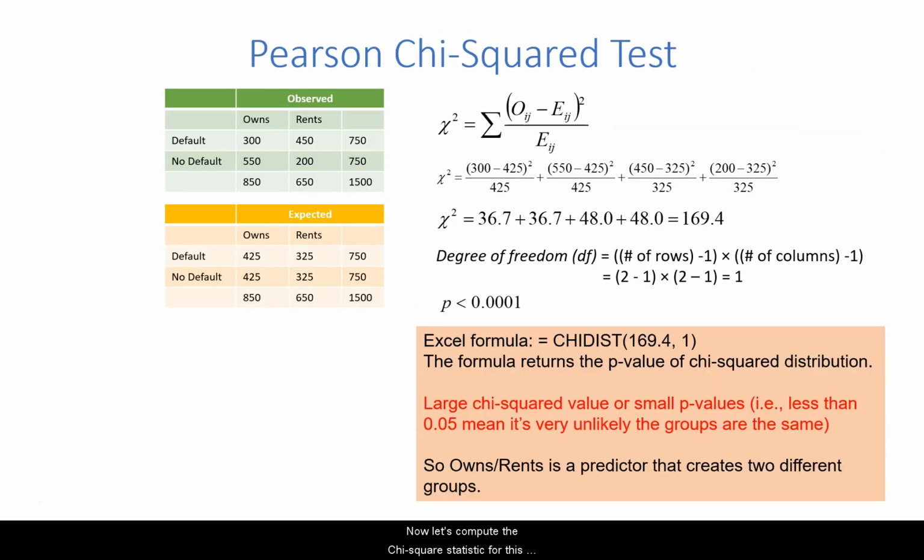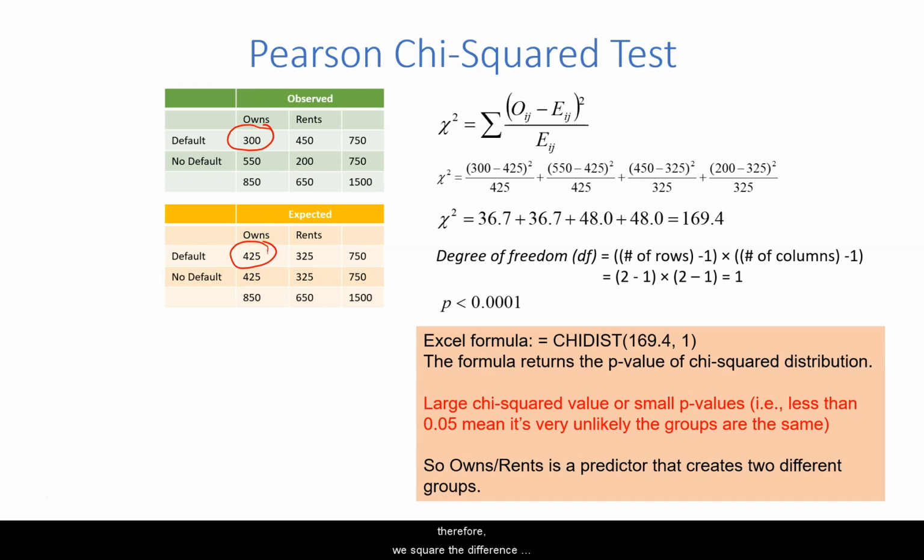Now let's compute the chi-square statistic for this problem. We compare the frequency values in the observed contingency table to their respective values in the expected contingency table. For example, the number of homeowners who default in the observed contingency table is 300, and the number of homeowners who default in the expected contingency table is 425.